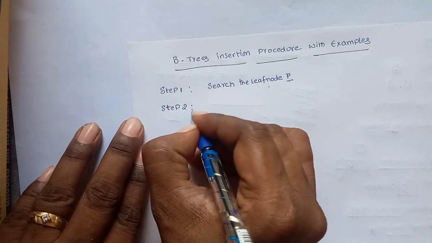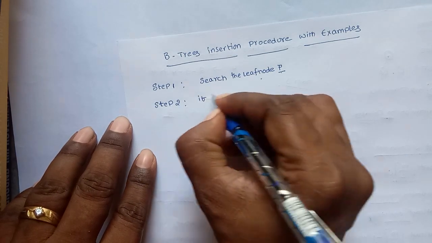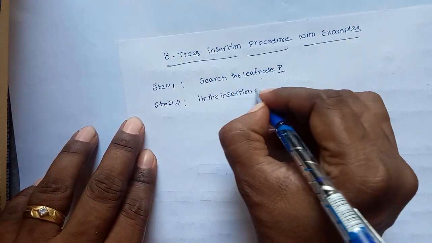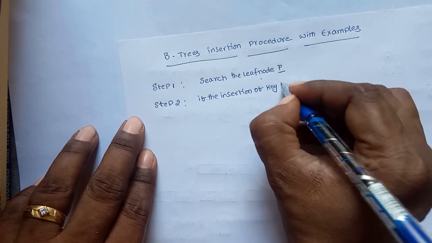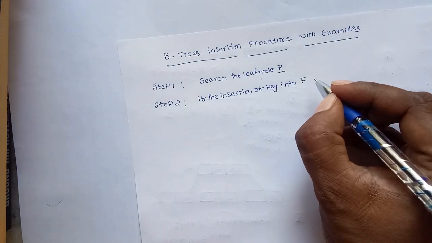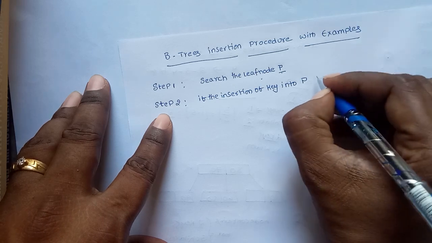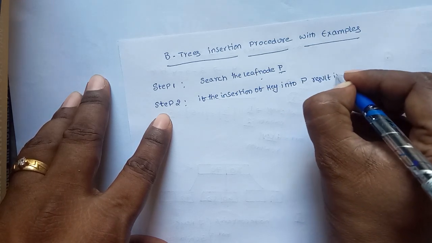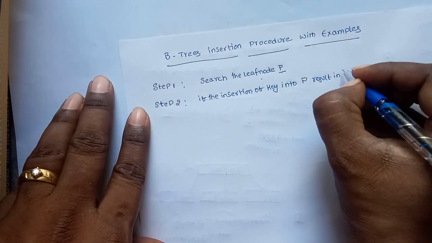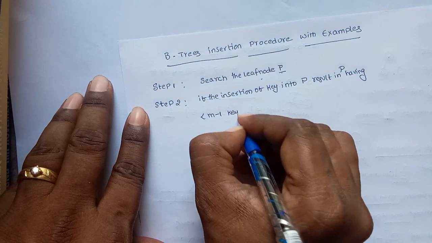Step 2. Once the leaf node is identified, suppose P is the leaf node where we are performing insertion. If the insertion of key into P results in P having less than m minus 1 keys.